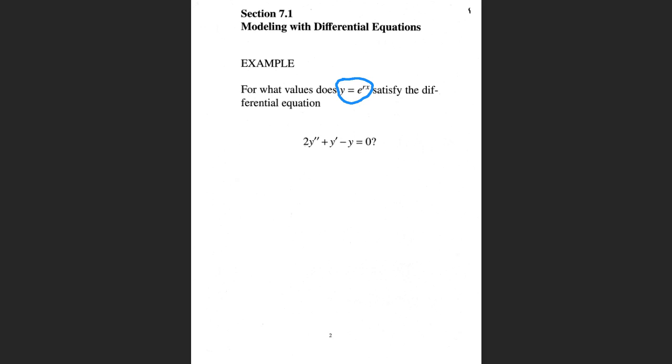There is an exponential function that will be a solution to this differential equation. But this solution, e to the rx power, is not useful to us yet because we need to figure out what the r values are. So when they ask for what values this exponential function satisfies the differential equation, of course they mean for what r values.